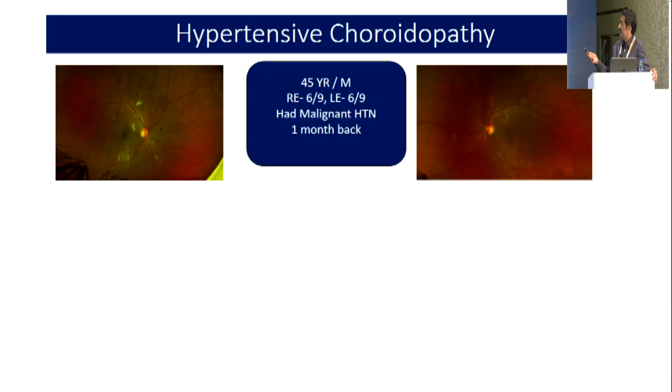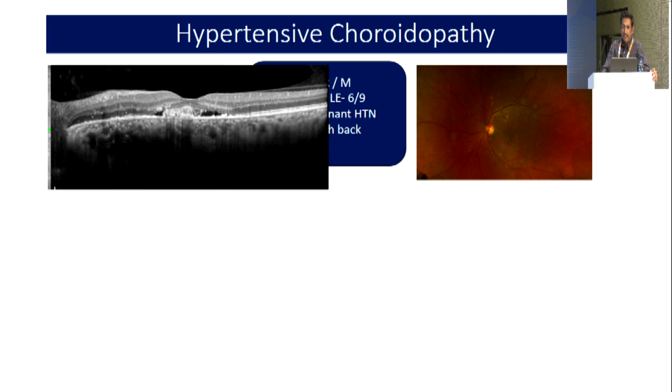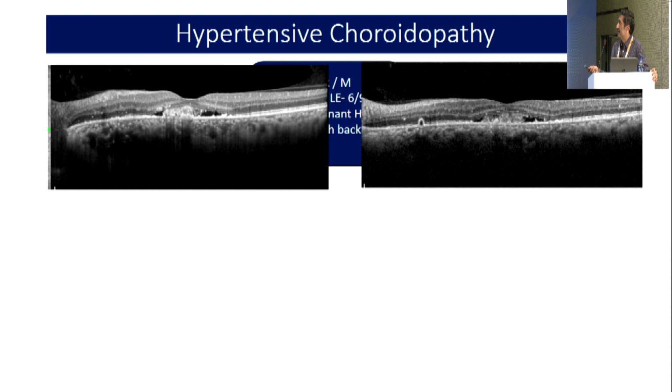Similarly, this is the last case, hypertensive choroidopathy. Whenever there is accelerated hypertension, it can cause changes in the retina, the choroid, and optic neuropathy also. Doing FFA in such cases is difficult because there is already uncontrolled hypertension. So if you do OCTA, and this is the corresponding OCT, because of the choroidal ischemia it is going to damage the RPE, and then you can get hyperreflective material in the subretinal space.